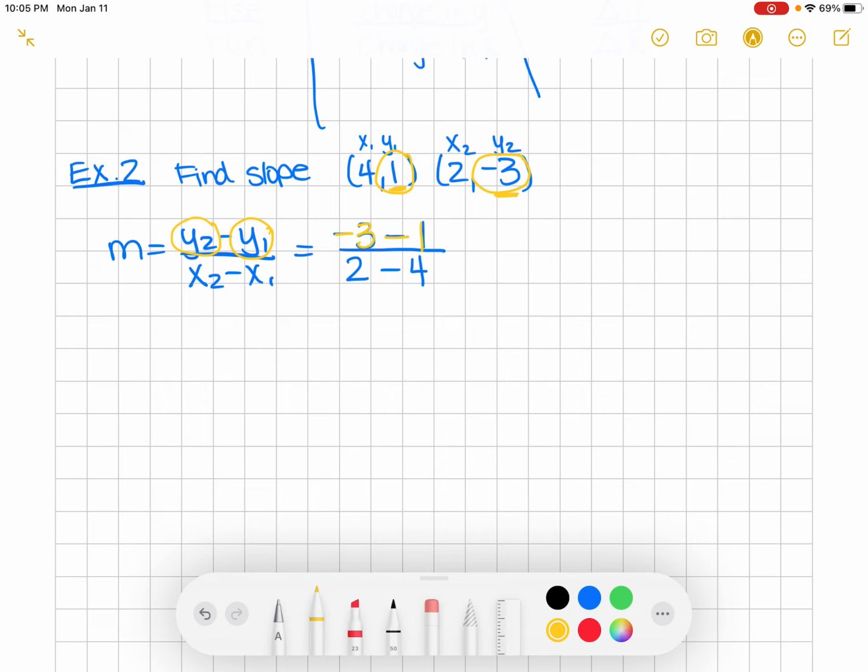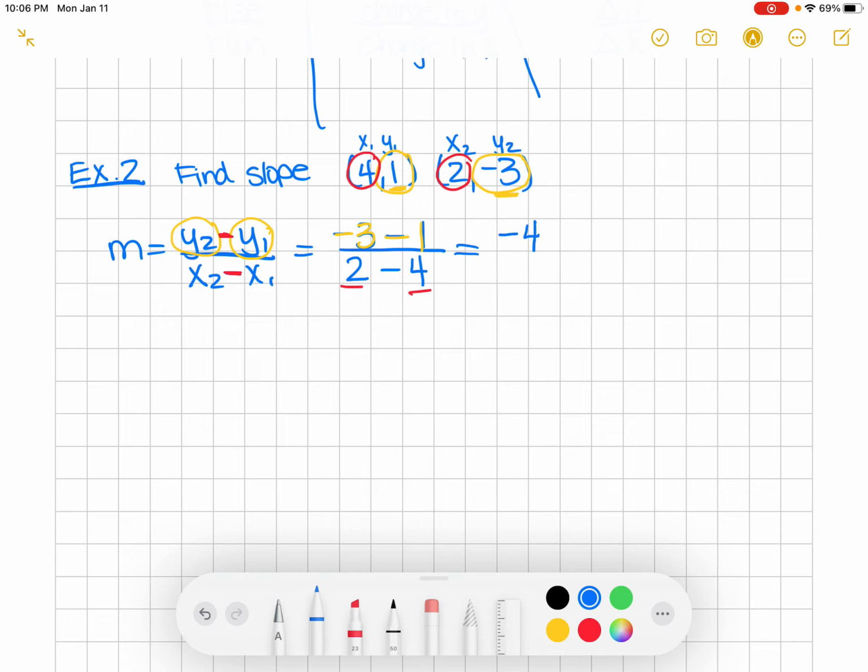Okay, and then on the bottom, same thing. I have x2, which is here, and x1, which is here. So I did 2 minus 4. It's always minus, so make sure you're subtracting. Now I'm going to solve this. Negative 3 minus 1 is negative 4. If you're not good at your integers, use your calculator.